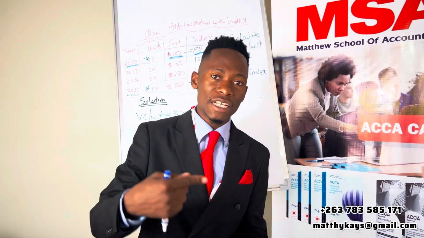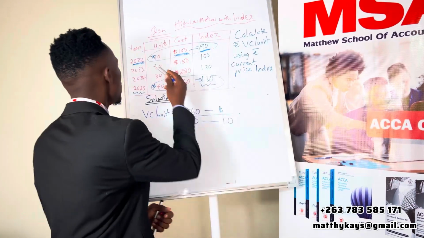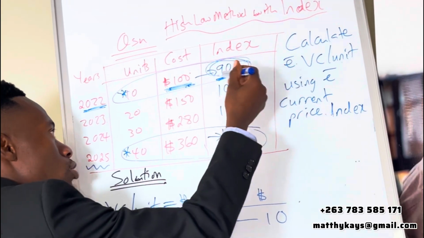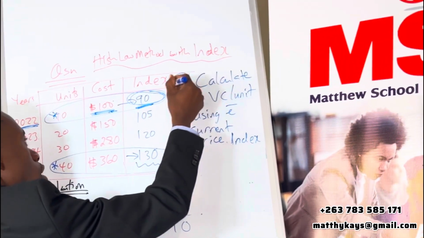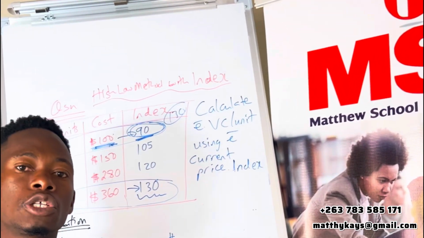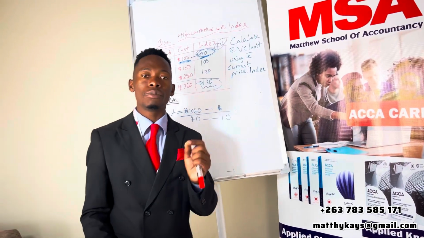So if they say use the current price index, we are using an assumption that in the year 2022, yes, the index was 90, but if the index was 130 in 2022, what was going to be the price? The price was not going to be 100, but it was going to be more than that.